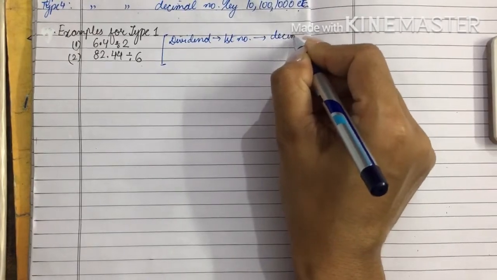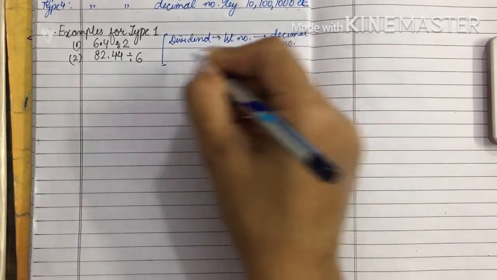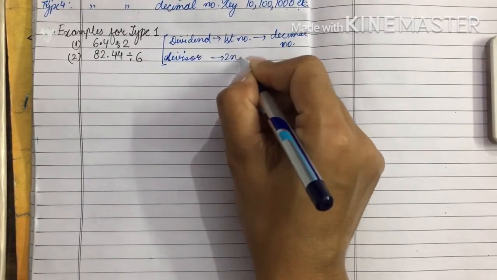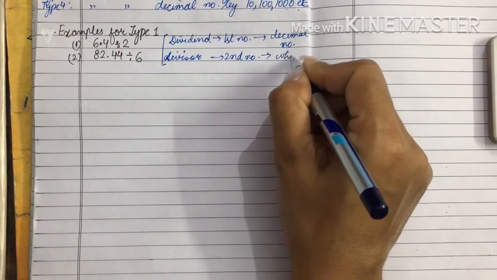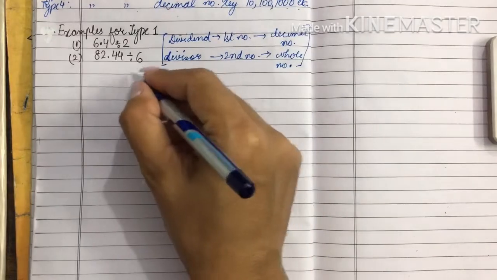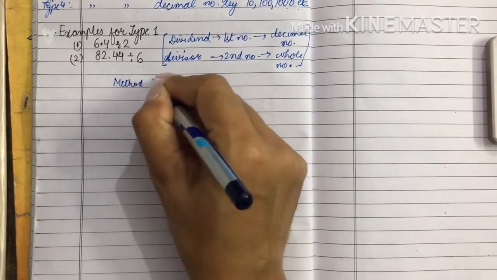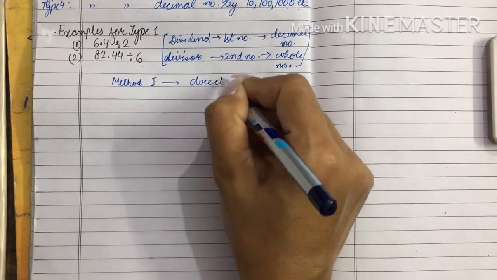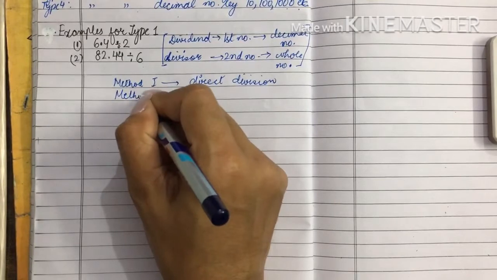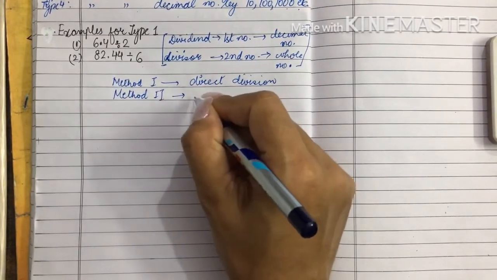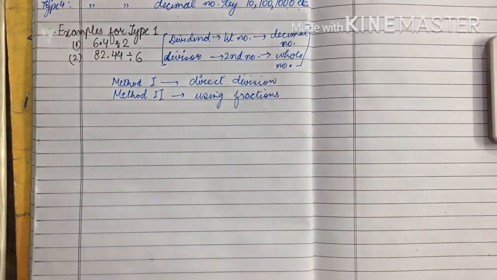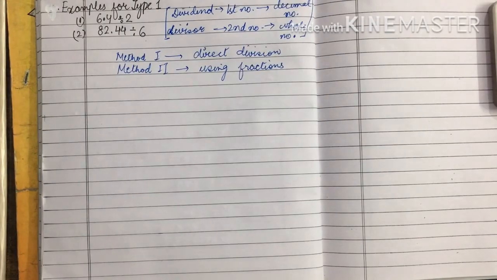It is a decimal number, and your divisor is the second number. It is a whole number. So there are two methods. First is direct division, and the second method is using fractions. Let us do each part by both methods.